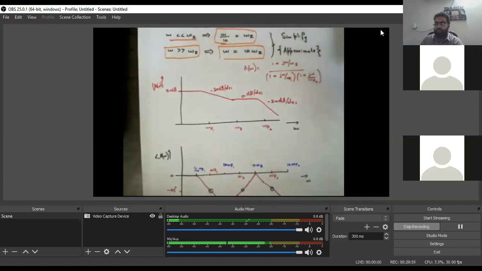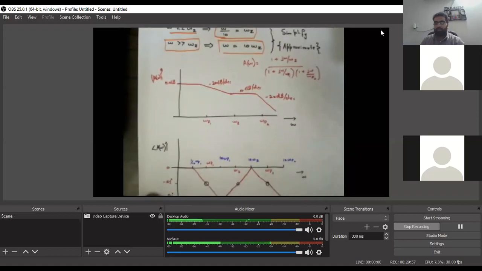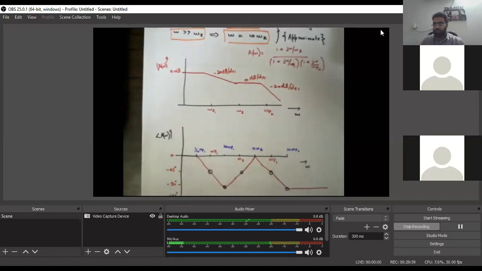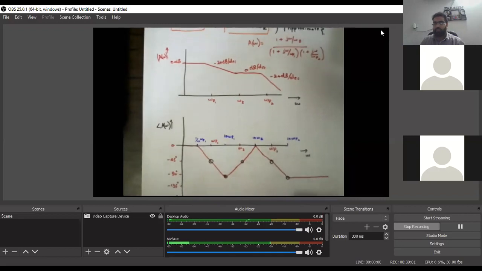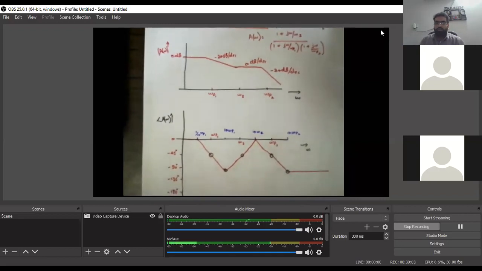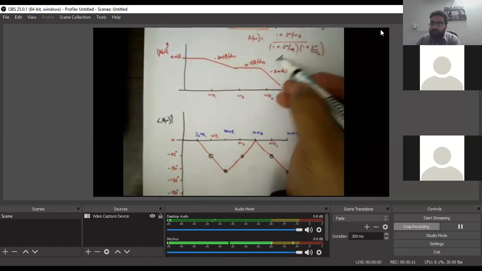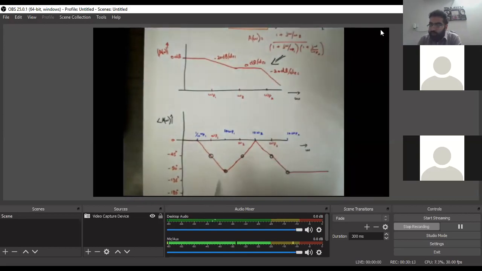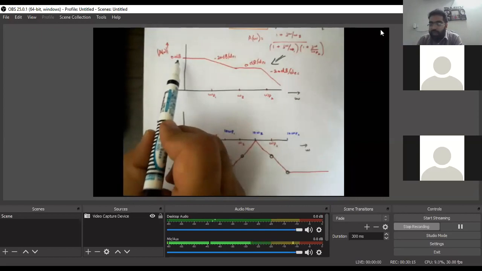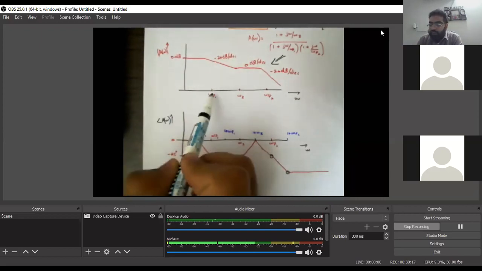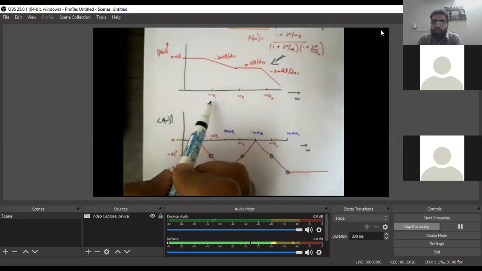So if we see, this is the A of omega for us, and for this A of omega, this one is the magnitude plot. You can see the magnitude plot starting with 0 dB for any frequency until it reaches the pole omega p1, which is known to us as the lowest frequency pole.